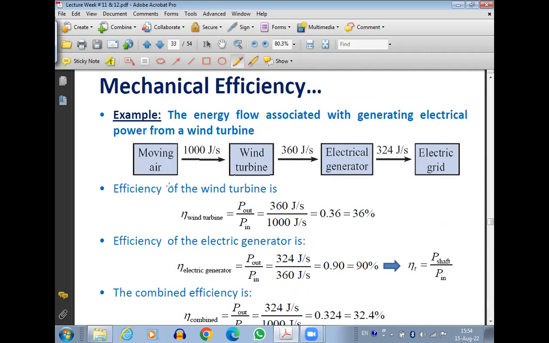When we are talking about the efficiency of the turbine, it's again output of the turbine divided by the input. The efficiency of the generator is the output of the generator divided by the input. And the overall efficiency will be the overall output divided by the overall input.